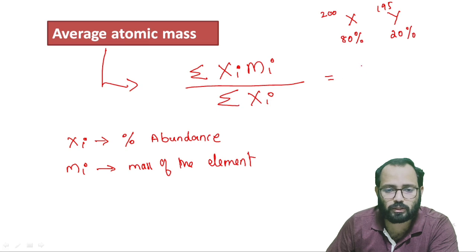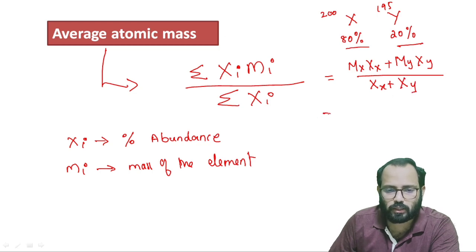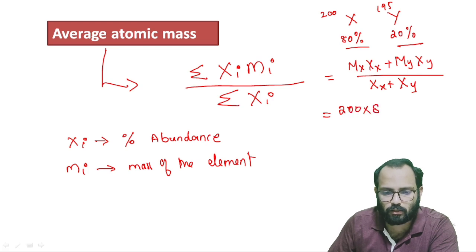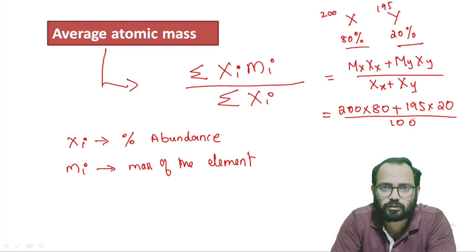If you want to find the average atomic mass, it is mass of x into abundance of x, plus mass of y into abundance of y, divided by the percentage abundance of x plus that of y. So I can write: 200 × 80 plus 195 × 20, divided by the summation of the abundances, that is 100. This is how you can solve average atomic mass questions, right?